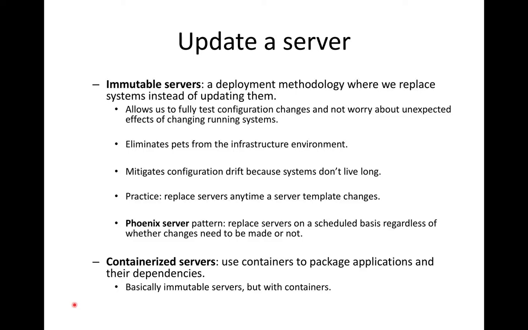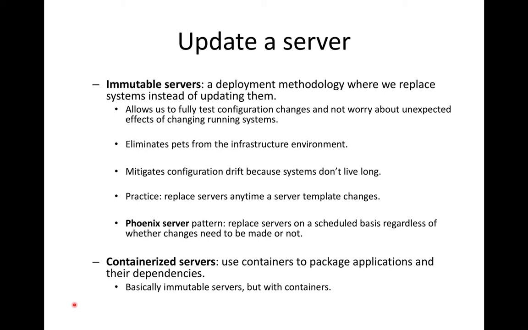A third model that we could follow to update our servers is what we call the immutable server model. In an immutable server model, instead of trying to update our servers, we just simply replace them. This kind of relates back to that pets versus cattle analogy.